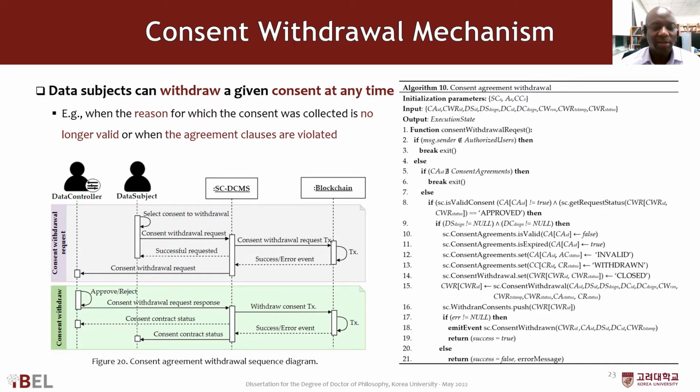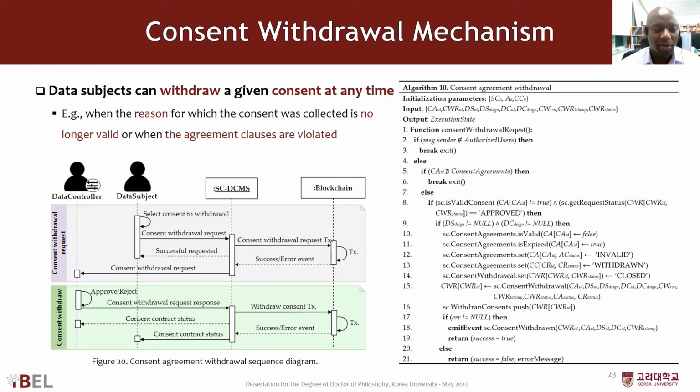Moreover, our system provides a mechanism for the data subject to be able to withdraw a given consent anytime. For example, when the reason for which a consent was collected is no longer valid, or when a consent agreement clause is violated, the subject can decide to withdraw or revoke a given consent by using the following mechanism.